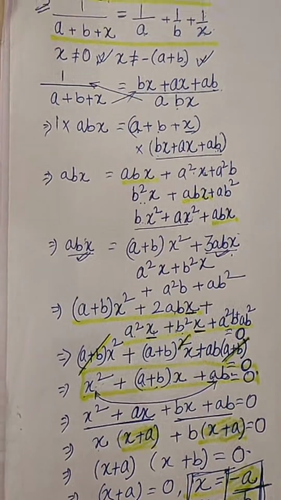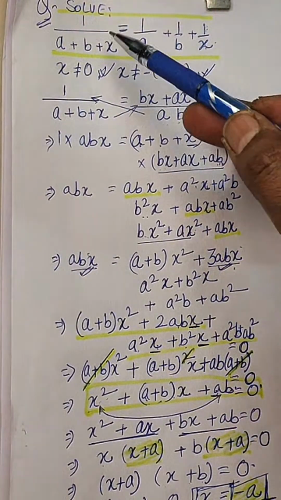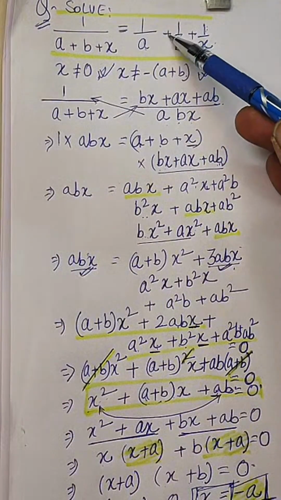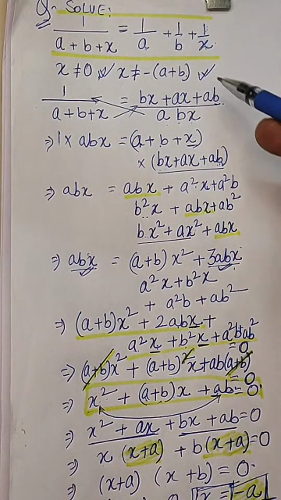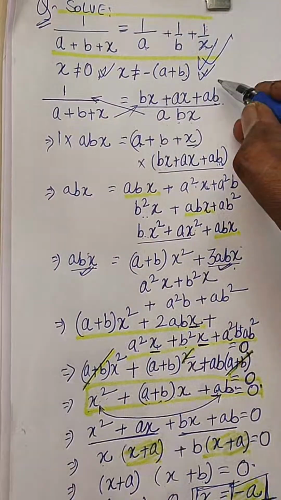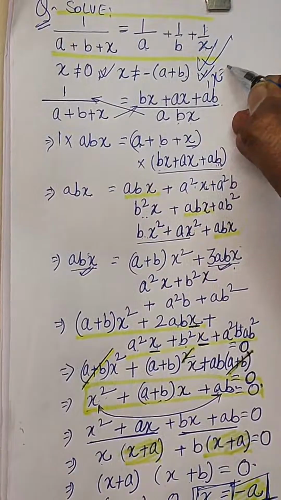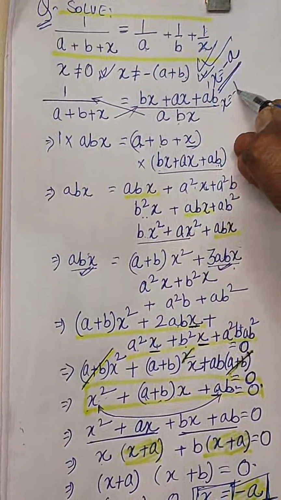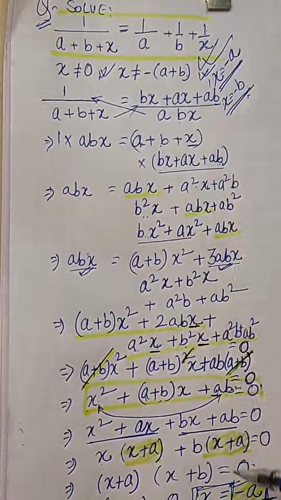Which quadratic equation, my dear friends? This quadratic equation, 1 by a plus b plus x is equal to 1 by a plus 1 by b plus 1 by x, right? So in this way we have solved this question, and the two values of x are minus a and minus b, right?